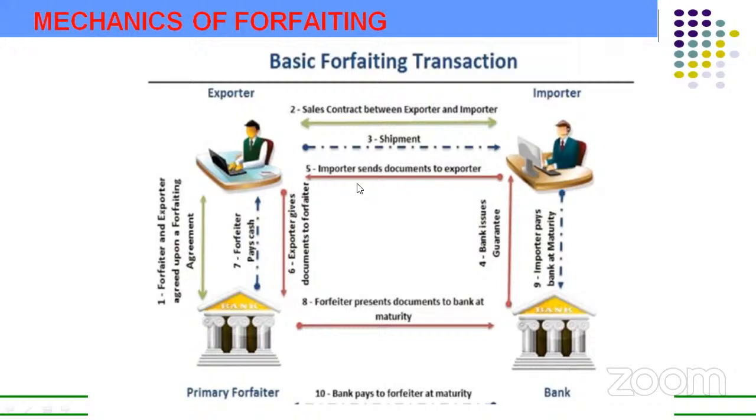The availing bank will remit cash to the forfaiting agency. In case of an intermediary availing bank, the availing bank will collect the money from the importer's bank and remit the same to the forfaiting agency. So this is the working process of forfaiting.